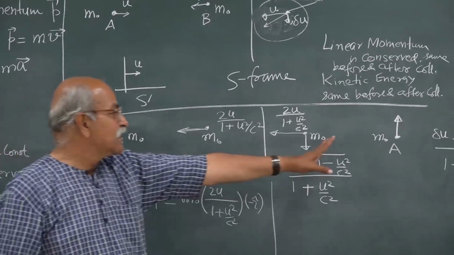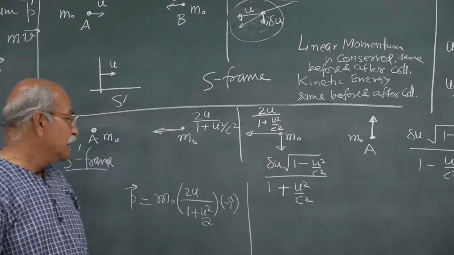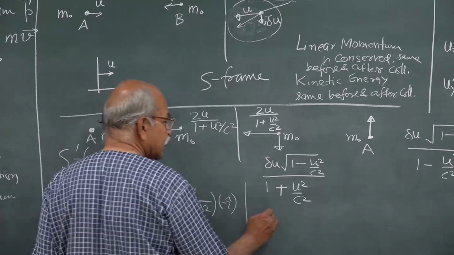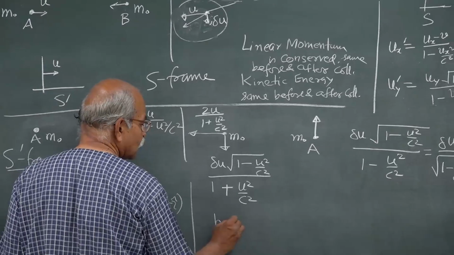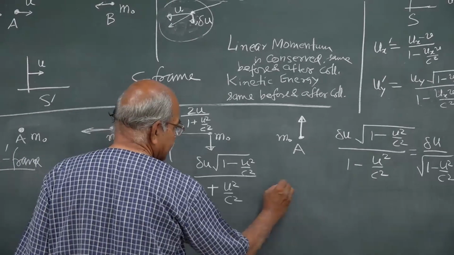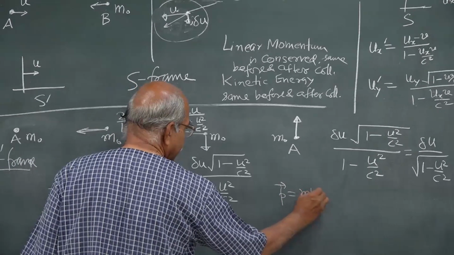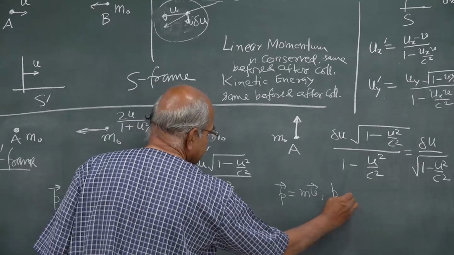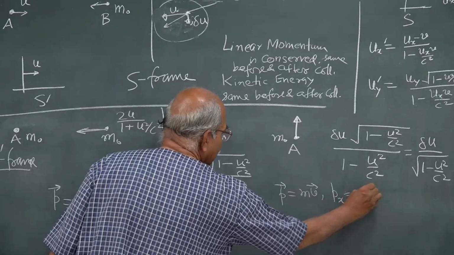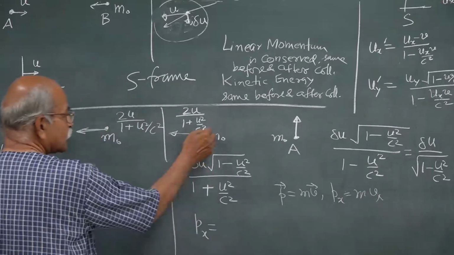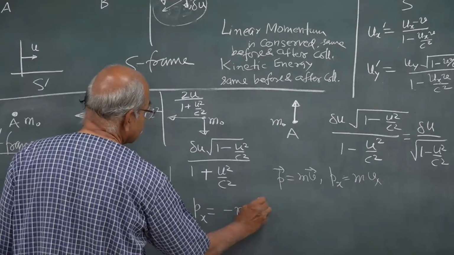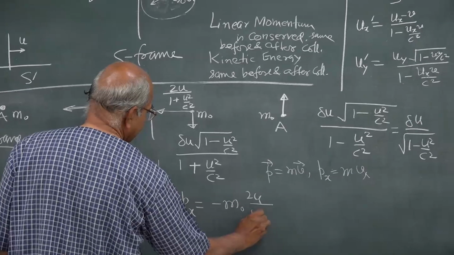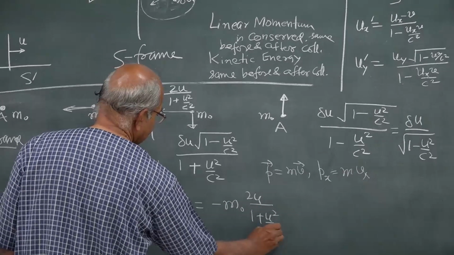What about this picture after the collision? In x direction, px is mass times the x component of velocity, and the x component is this, so it is minus m naught 2u by 1 plus u square by c square.